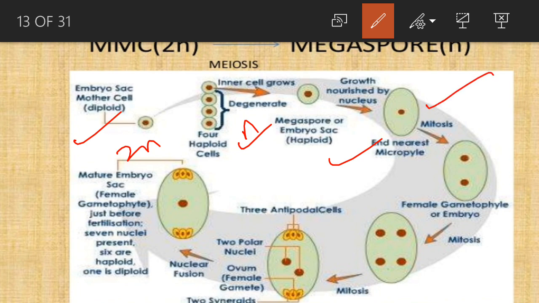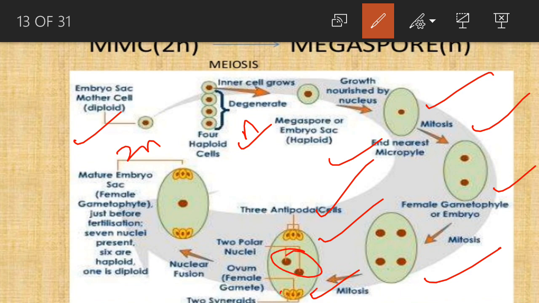The embryo sac will have one nucleus. By the process of mitosis, it will divide into 2. Then it will again divide by mitosis to form 4 cells, then 8 cells, 3 in the antipodal region towards the chalazal end, and 3 at the micropylar end. The center one is the egg nucleus, and the other 2 are the synergids, and the 2 polar nuclei are in the center.